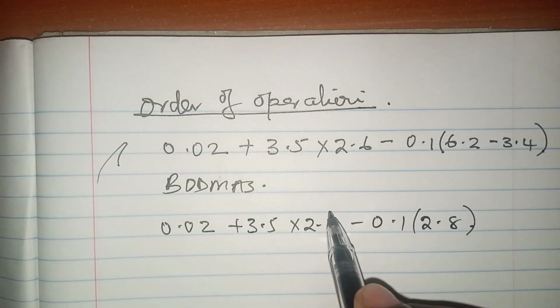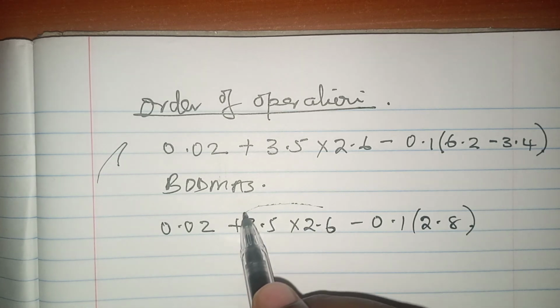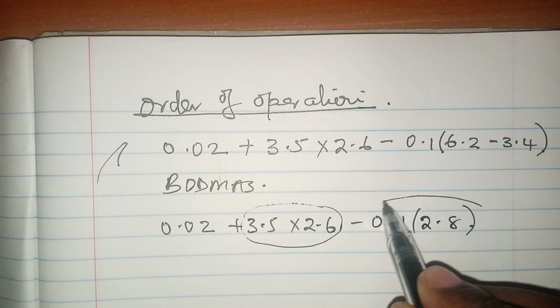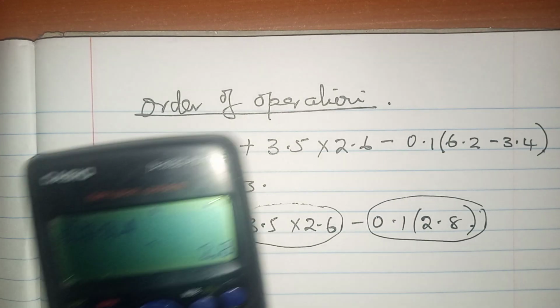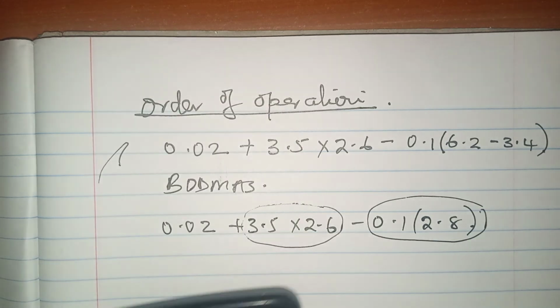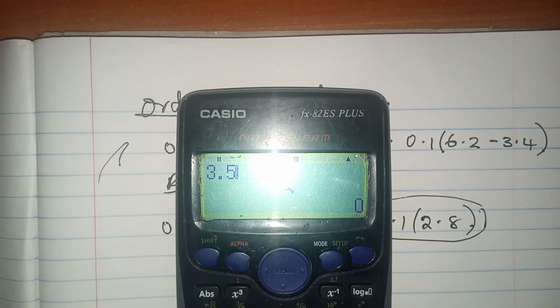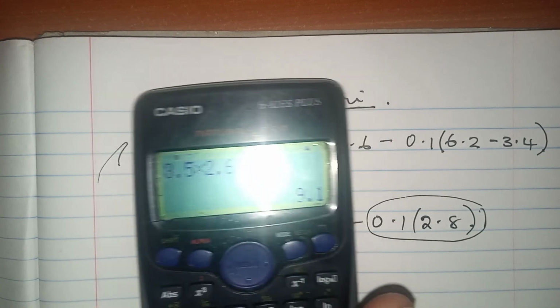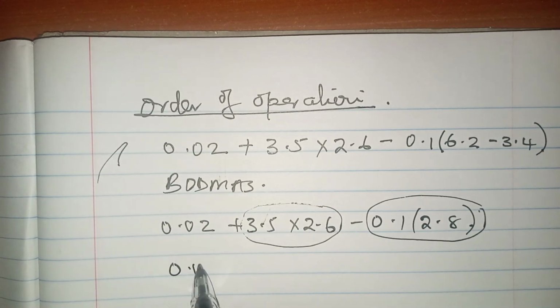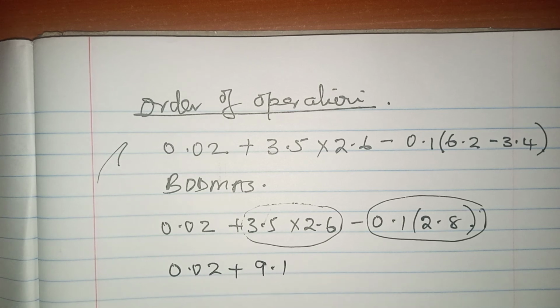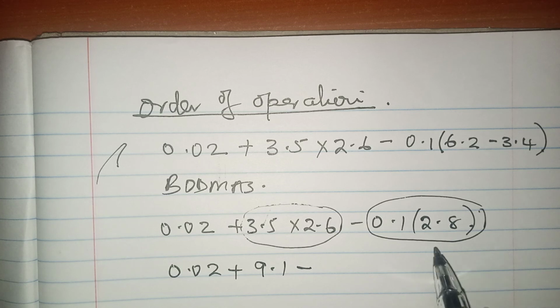You can see there is a multiplication here and there is a multiplication here. So we can do them next. What is 3.5 times 2.6? That is 9.1. So we can write 0.02 plus 9.1 minus what? What is 0.1 times 2.8?